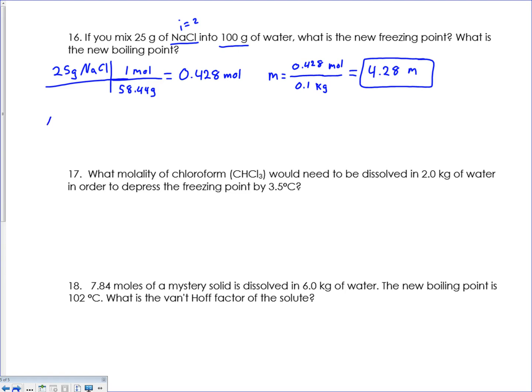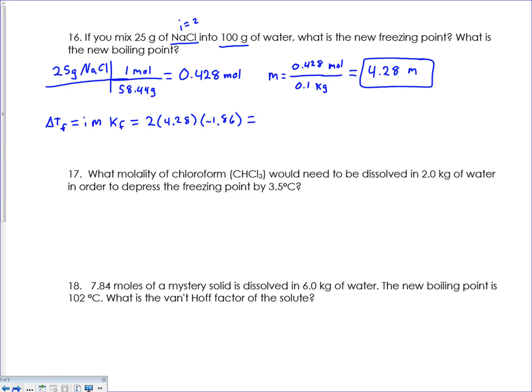So to do that, you say delta Tf, change in freezing temperature, equals i times m times Kf, the freezing point constant. So the Van't Hoff factor here we said was 2 because NaCl is ionic, and so it's going to split into 2 pieces. 4.28 is the molality, and then the Kf is negative 1.86 degrees Celsius per molal for water.